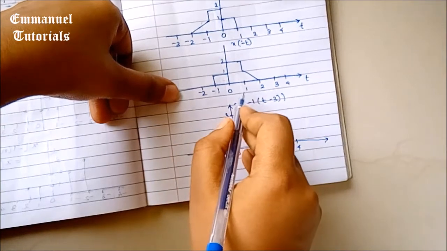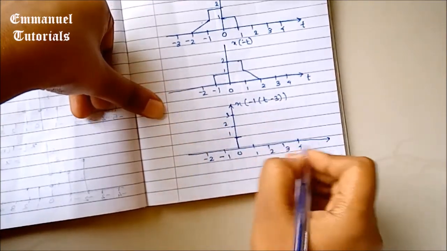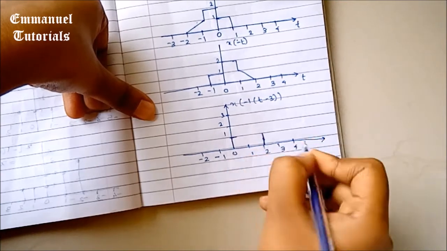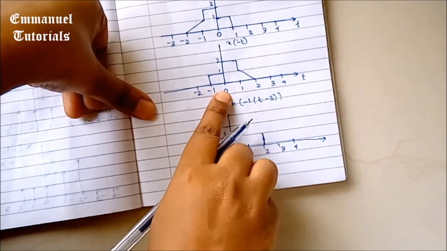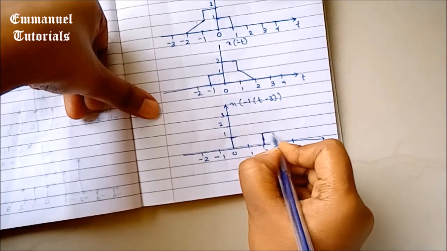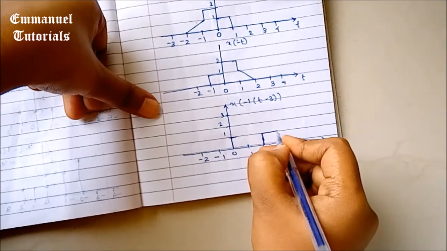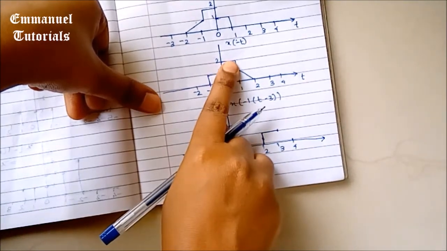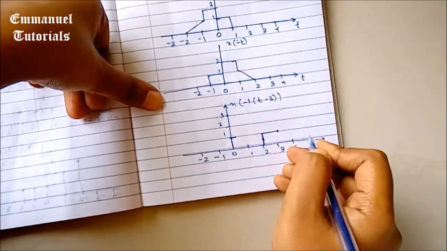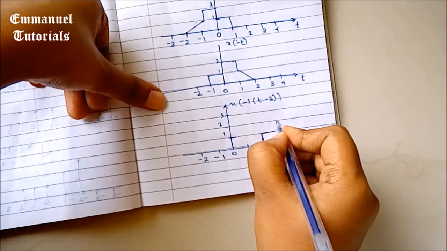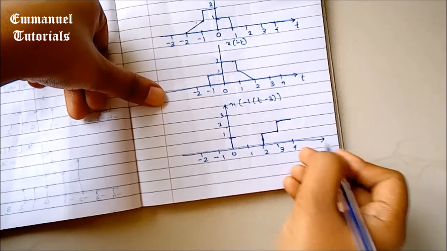So minus 1 plus 3 is 2. So our signal will begin at 2. So the amplitude will be plus 1. At 0 the amplitude is plus 1 again. So at 0 plus 3 the amplitude will be plus 1. At 1 the amplitude is 2. So at 1 plus 3, that is at 4, the amplitude will be 2.